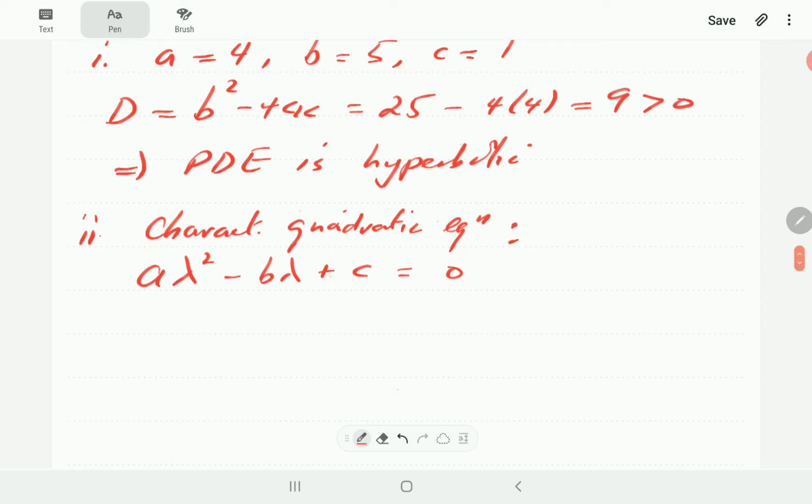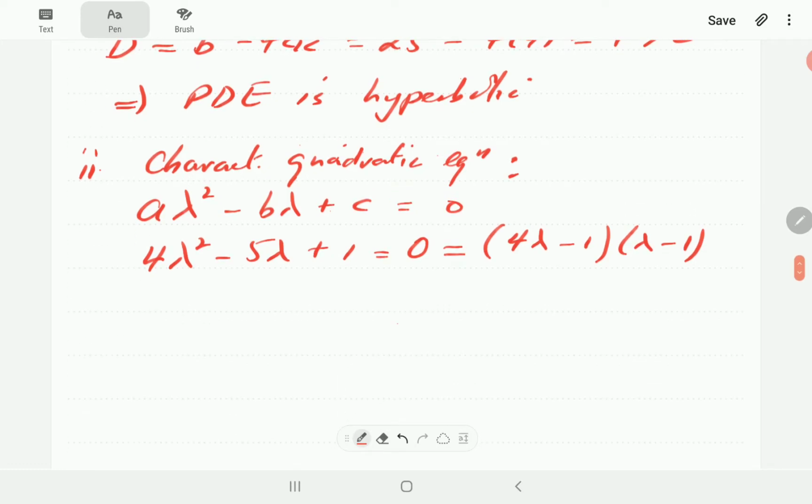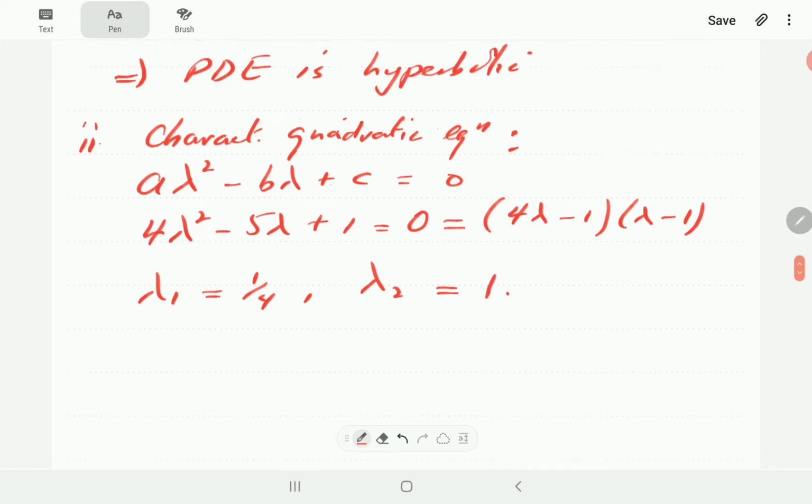So the characteristic quadratic equation is going to be 4 lambda squared minus 5 lambda plus 1, equal to 0. We can factorize this into 4 lambda minus 1 times lambda minus 1. What it means is that lambda 1 is 1 on 4 and lambda 2 is 1.